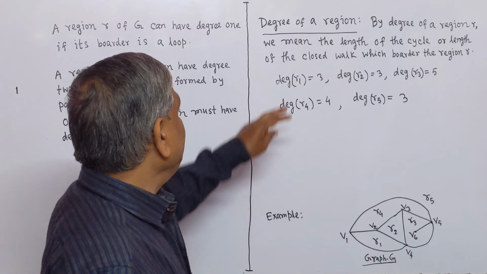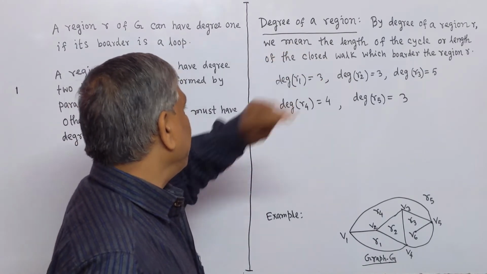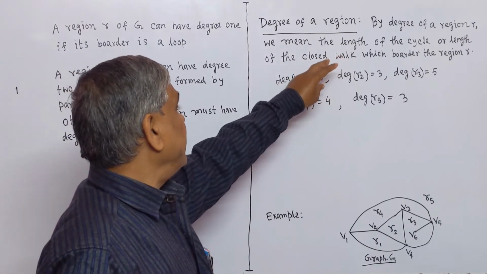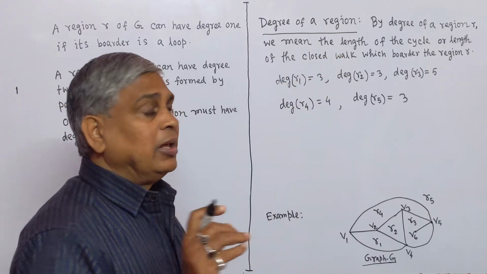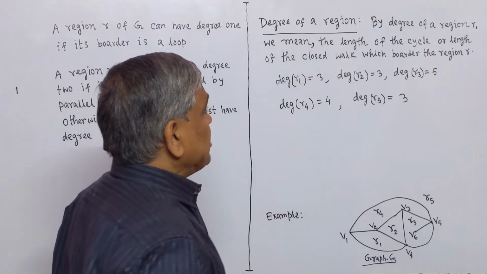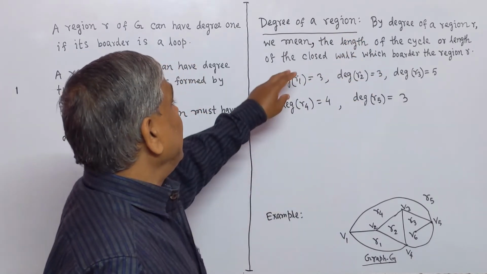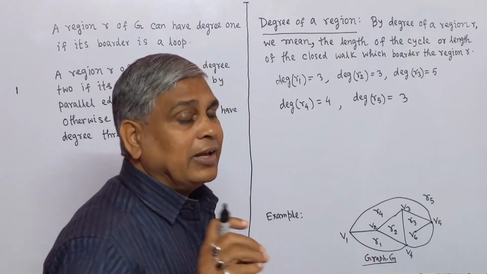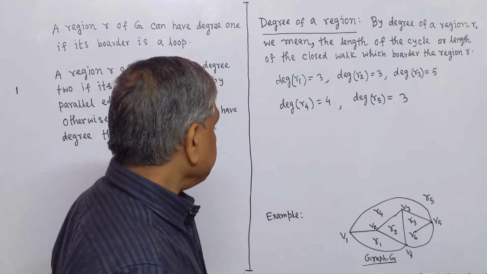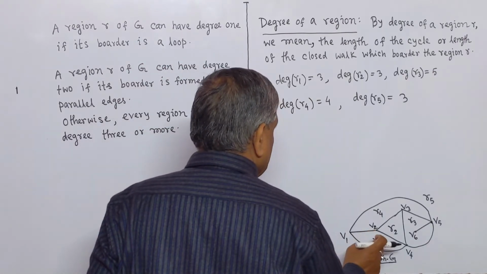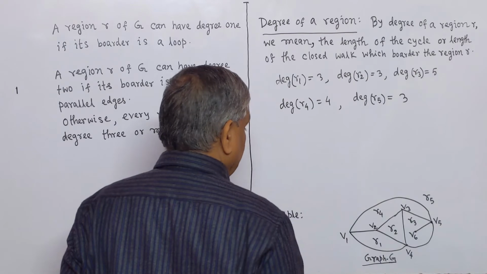Now we define degree of a region. By degree of a region R, we mean the length of the cycle or length of the closed walk which borders the region R. Here we see that this is region R1.